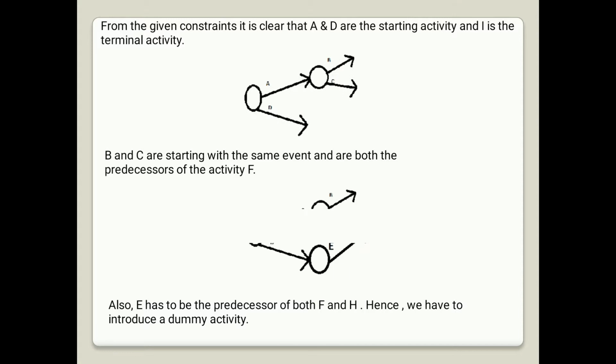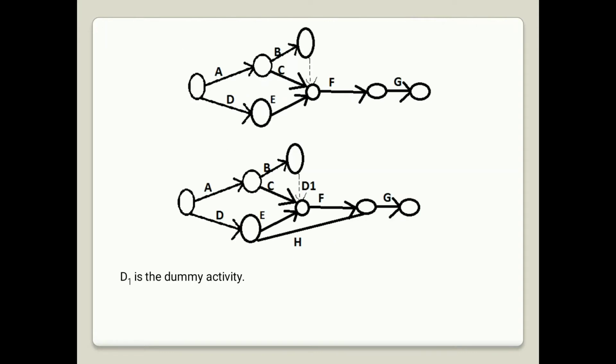So here E has to be the predecessor of both F and H. Hence we have to introduce a dummy activity.